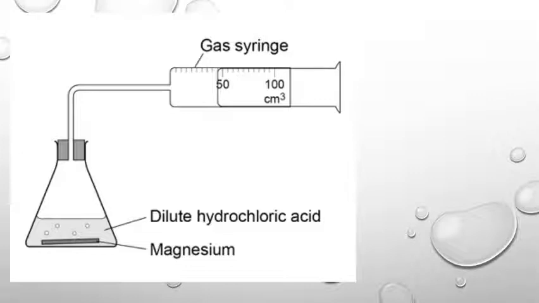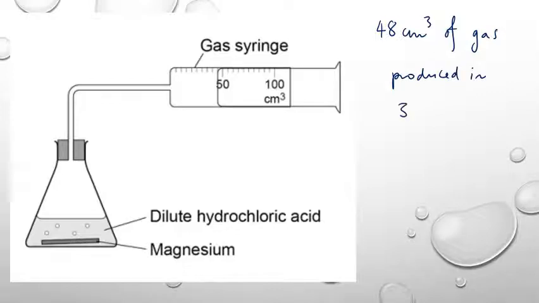So we could measure the volume of gas that's made. Let's say we had about 48 centimeters cubed of gas produced in, let's say, 30 seconds.